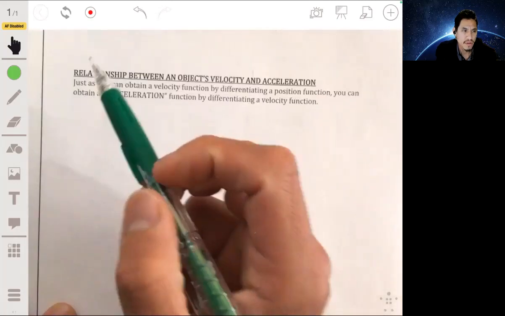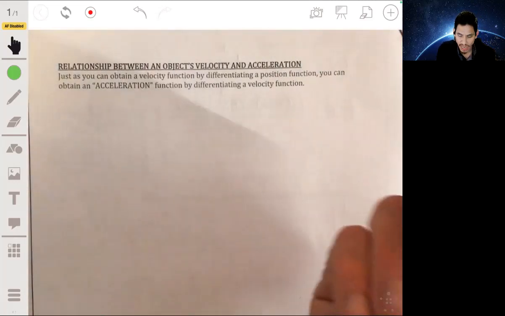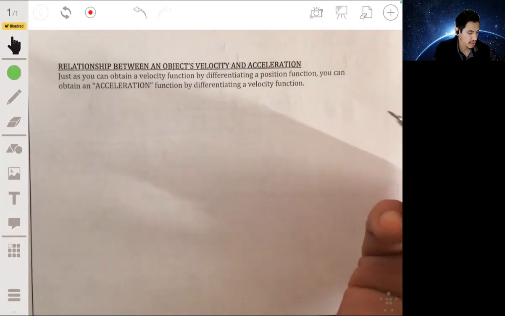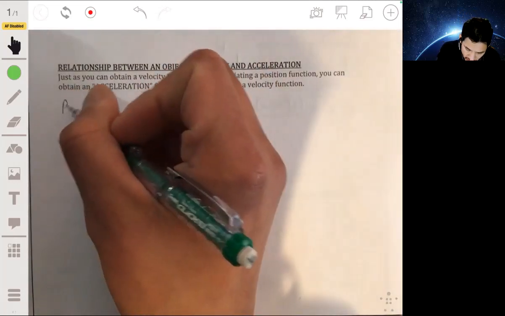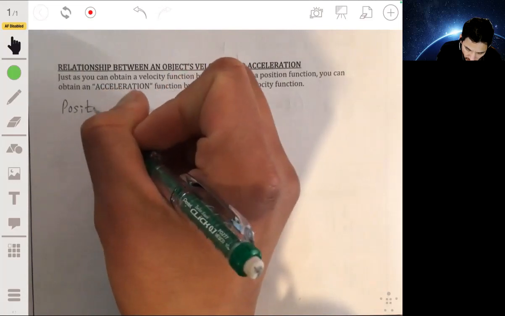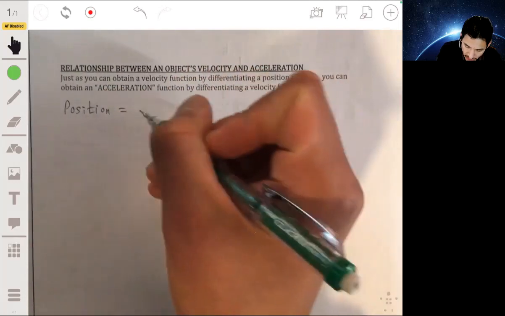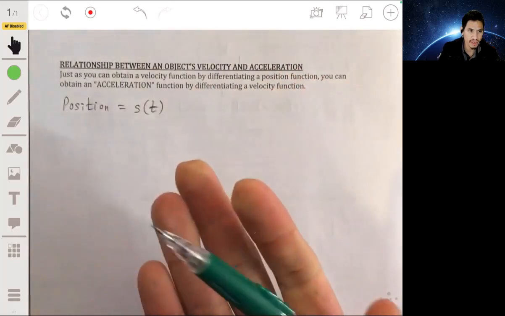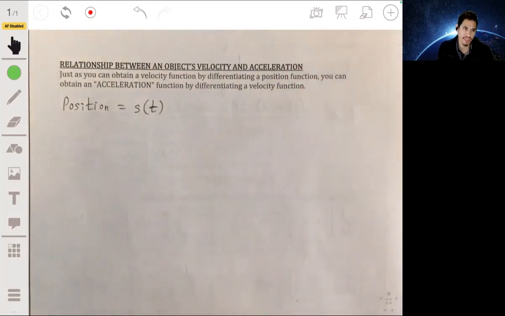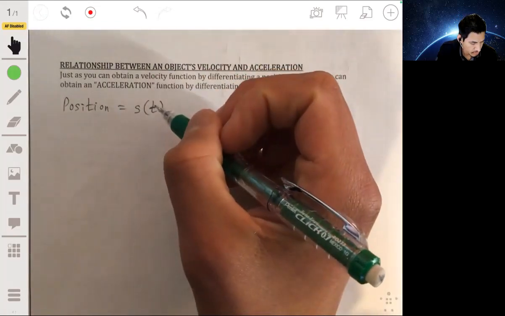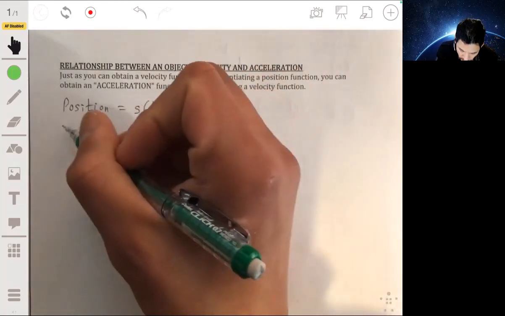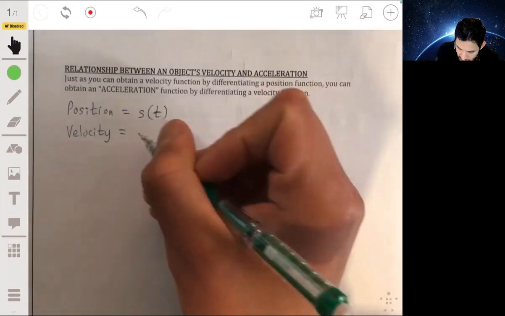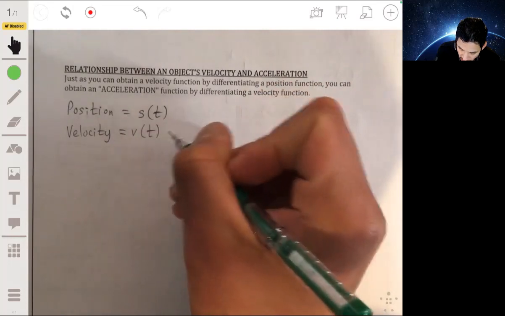So remember that when we have an object and we want to describe its position, we typically use a position function equal to s of t. S is the common letter we use to represent position at some point t. Now, what about velocity? Velocity is typically represented as v of t.